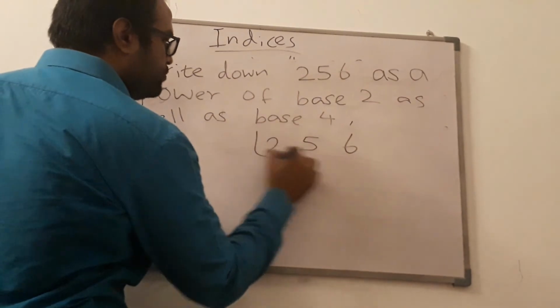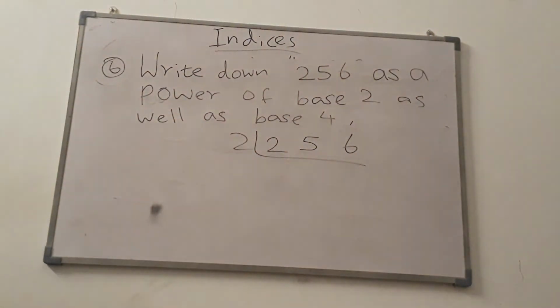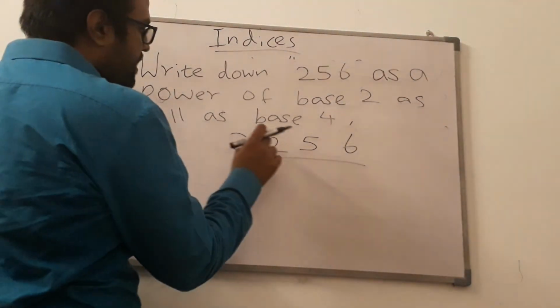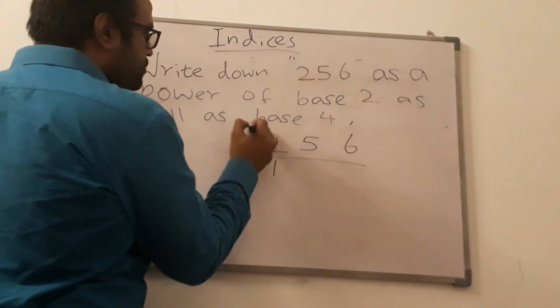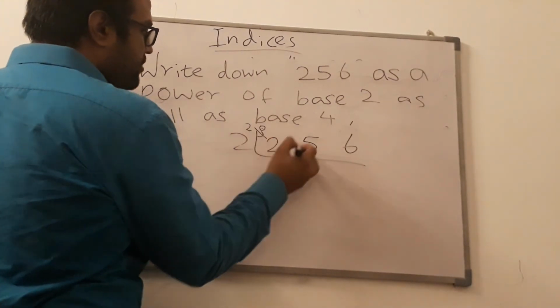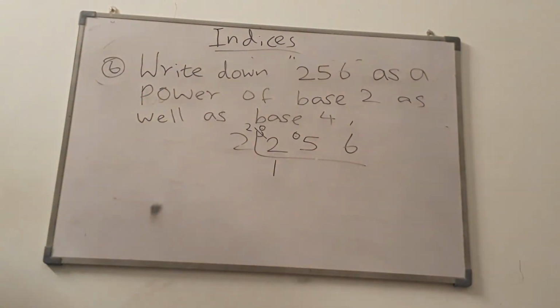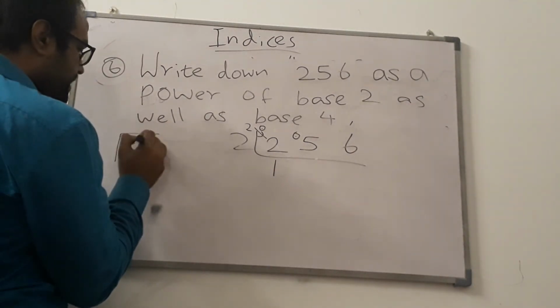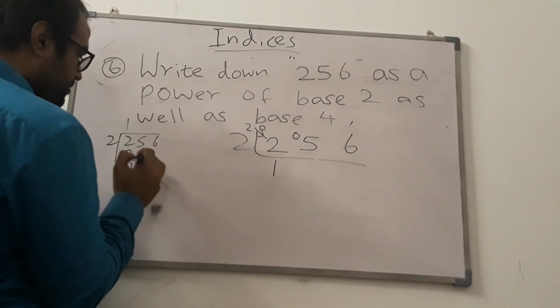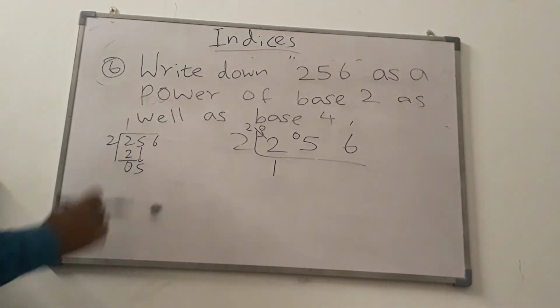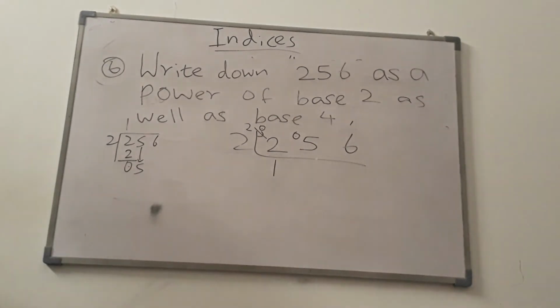256 divided by 2. I am not going to go for the long division here, I am going to do short division. How many 2's are there in 2? 1. 2 times 1 is 2. Gap is 0. 0 and 5 together 5.